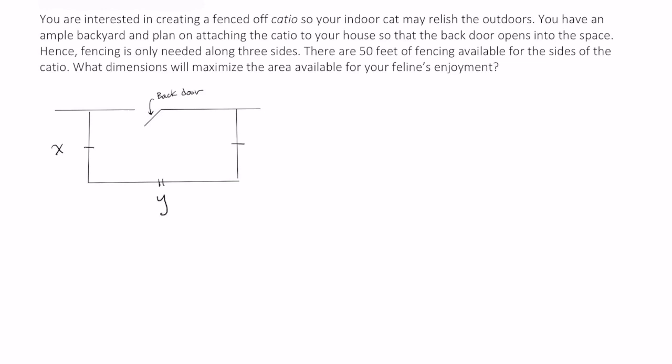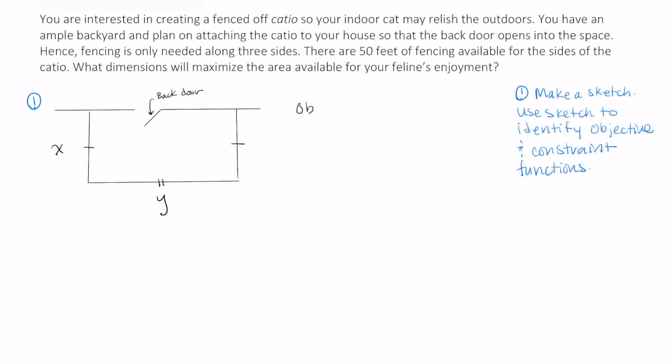Now let's use this picture to find our objective and constraint functions. And to keep track of what we're doing, let's go ahead and write the steps down. So our first step, which we're working on right now, is to make a sketch and use that sketch to identify the objective function and the constraint. So our objective here is to maximize the area.